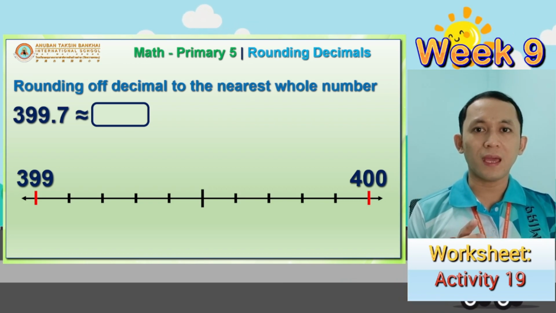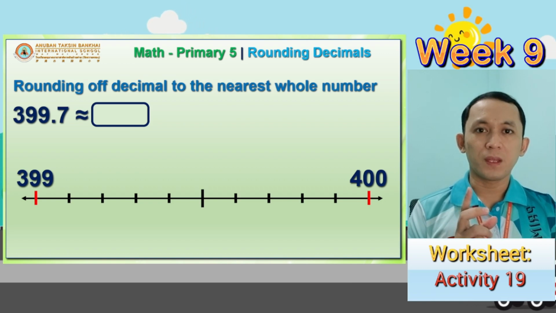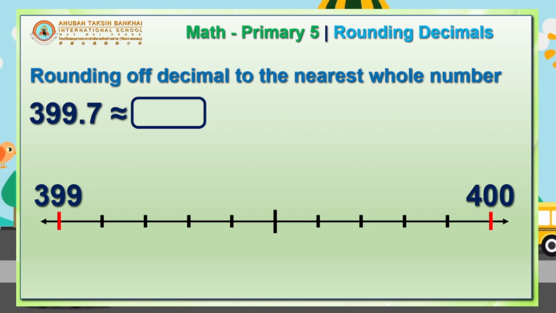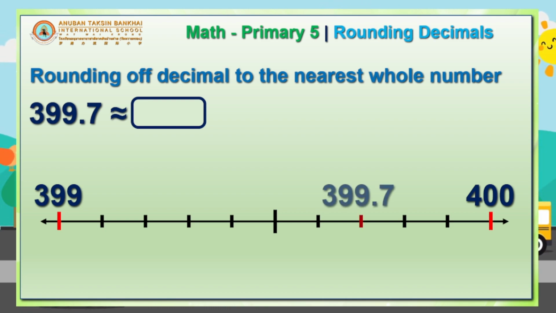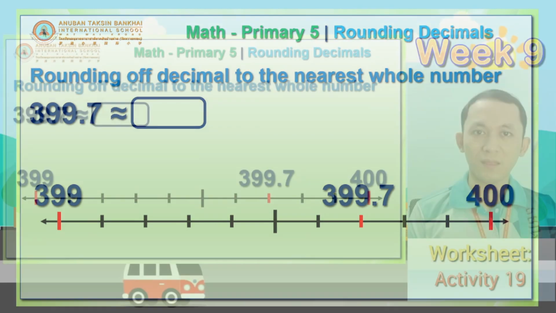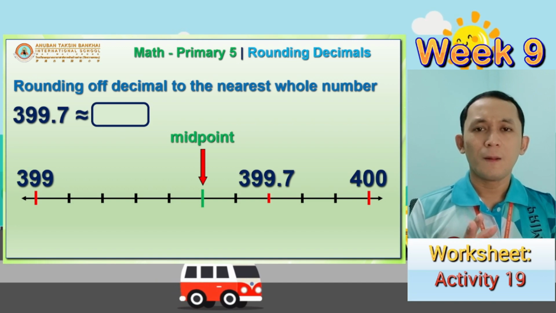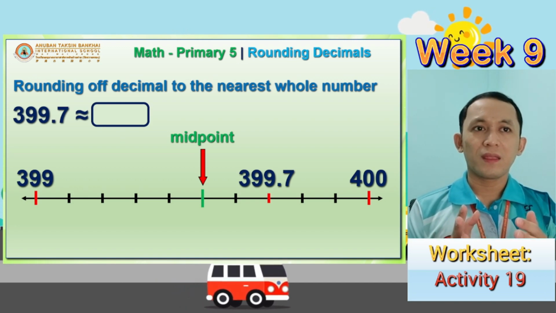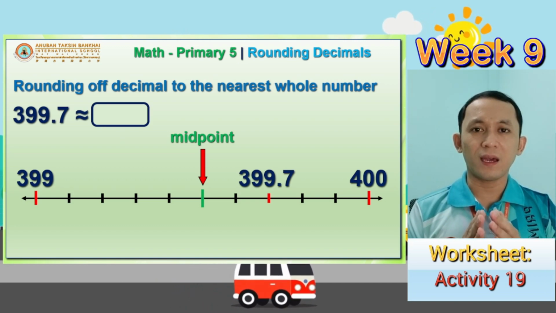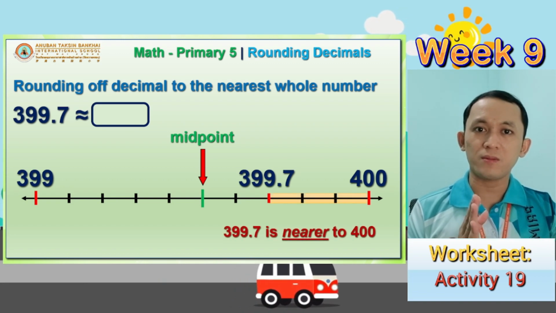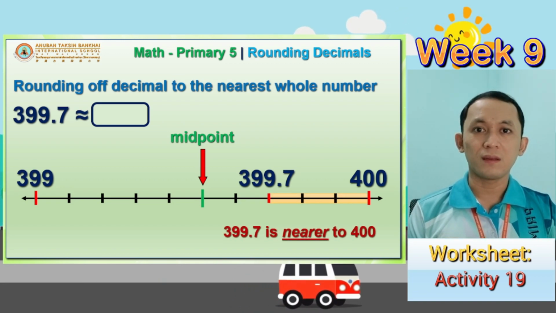If you count, we have 399.0, 0.1, 0.2, 0.3, 0.4, 0.5, 0.6, 0.7. So we write 399.7 in this exact position, and this is our midpoint in the middle. You can see that 399.7 is very near to 400.